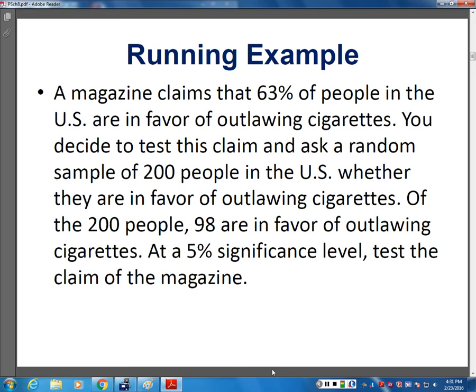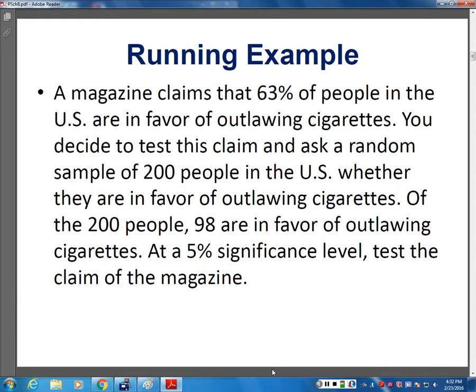Throughout these videos, we'll be using this running example. And by that I mean that I'll go to the example throughout each part of these videos. We'll keep working the same problem, explaining different aspects of this process, and then returning to the problem to work out another part. The scenario is a magazine claims that 63% of people in the U.S. are in favor of outlawing cigarettes.